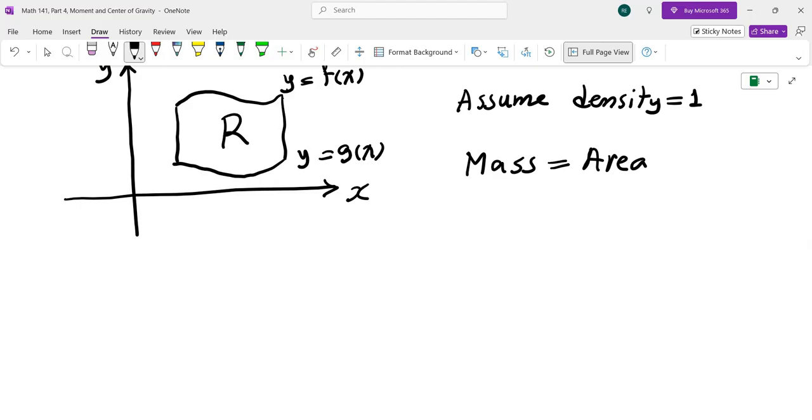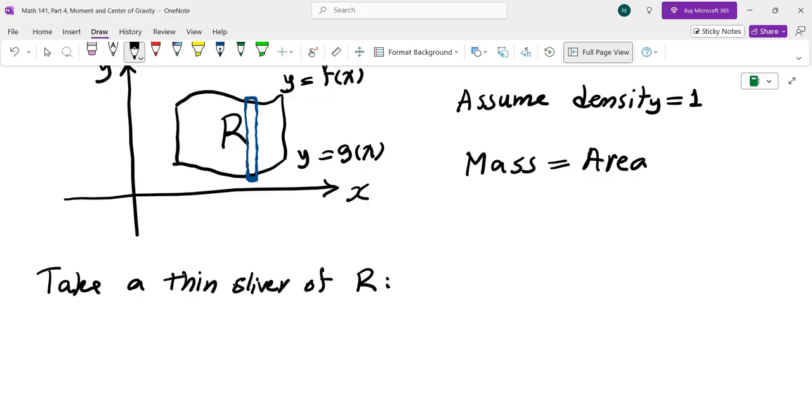So let's figure out how to find the moment with respect to the y-axis and the moment relative to the x-axis. Let's take a sliver of this region. So take a thin sliver of R. Let's find out what's the moment.